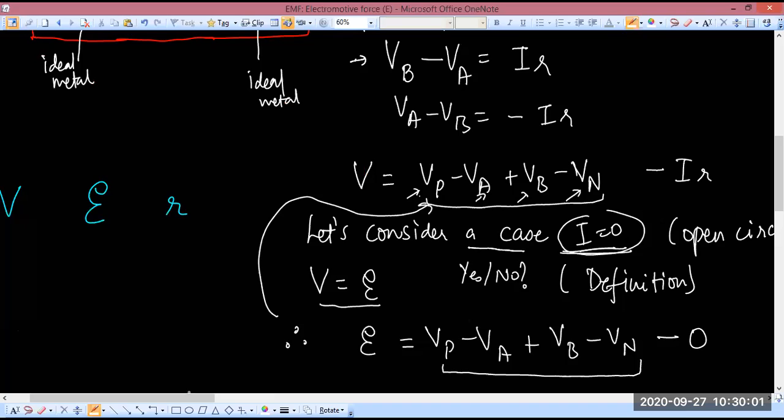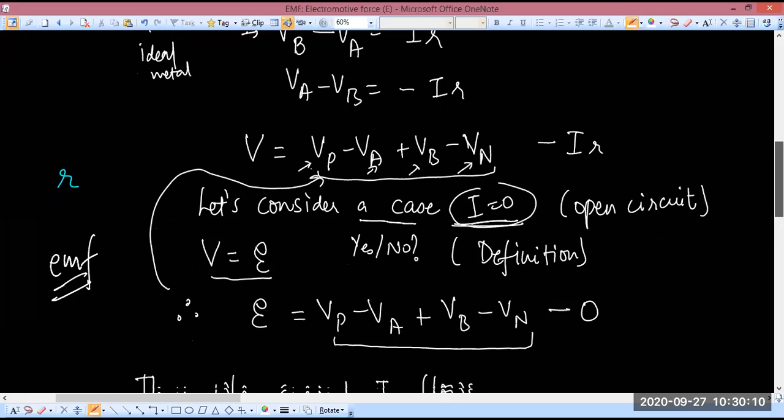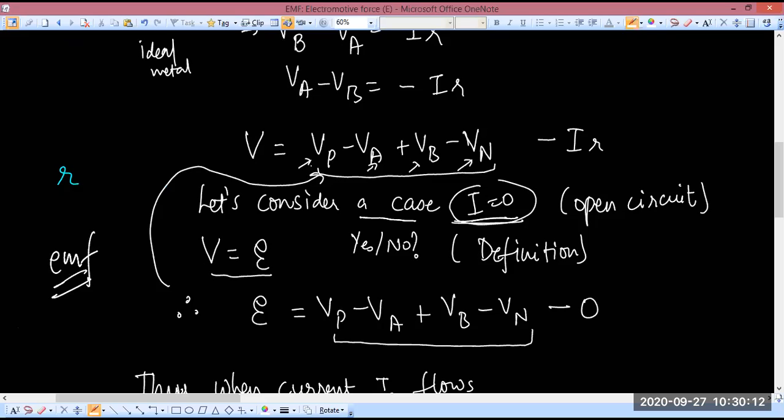Why are we considering that case? Because we want to talk about EMF, right? So if we put I equal to 0, then terminal voltage will become EMF. That's its definition. So this whole thing becomes epsilon because here I is 0. I hope that makes complete sense to all of you.